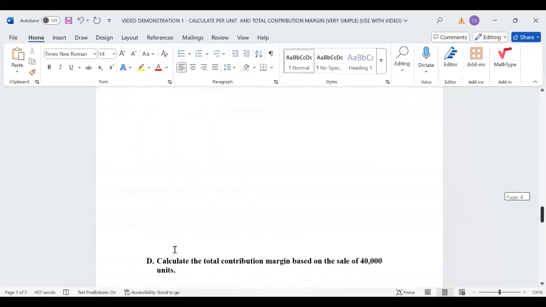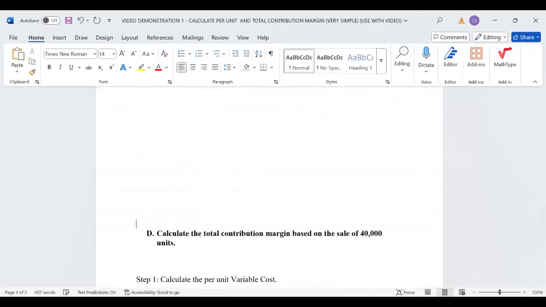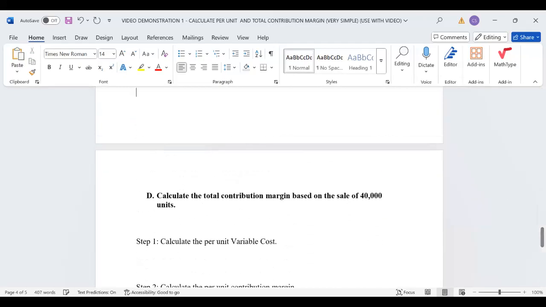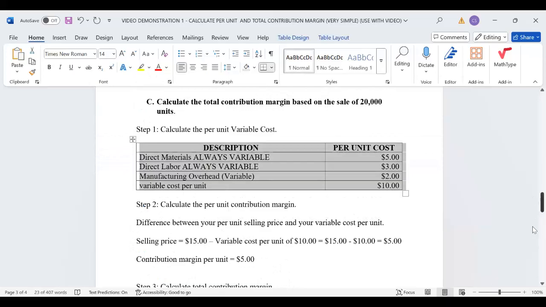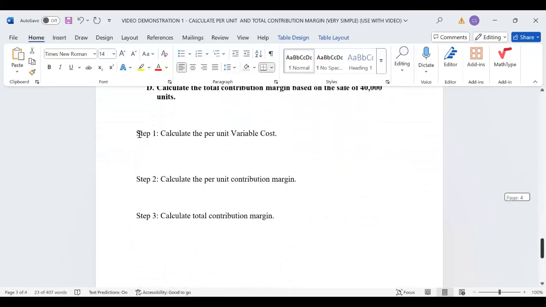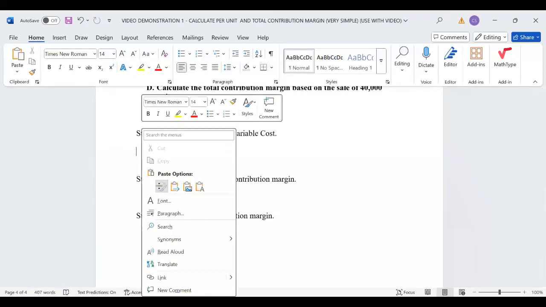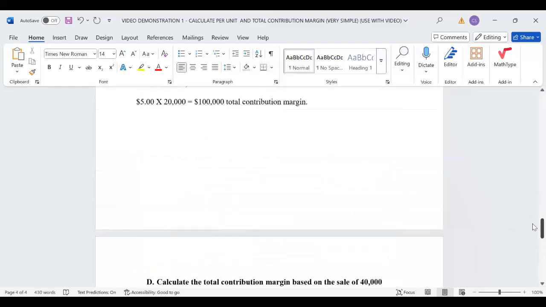One more example. Again, step one stays the same. Step two stays the same.